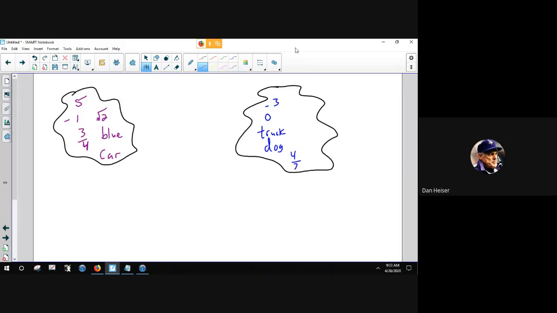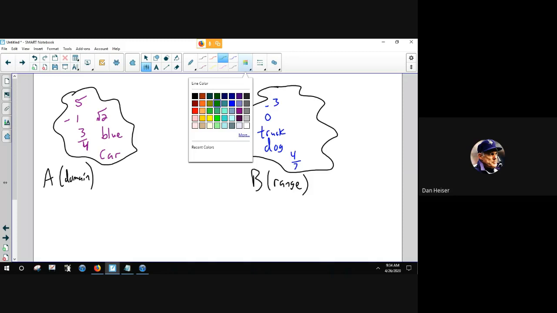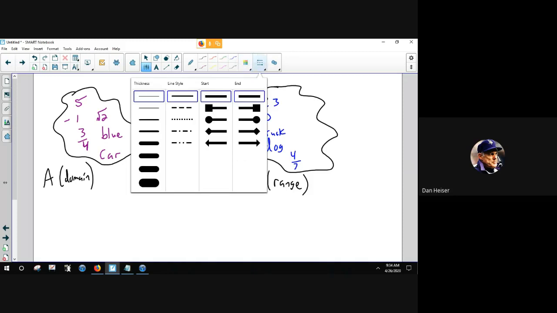Here's another way to look at functions. So here I have a set A. This would be the domain. Here I have a set B, and we already called this the range. Here's what's going on with a function.